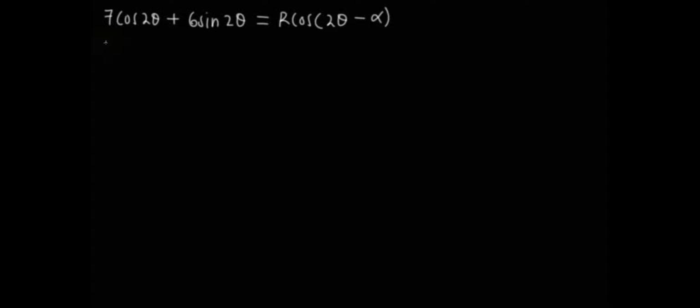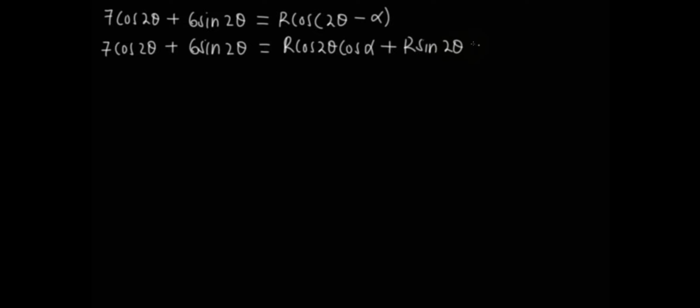And this is equal to 7 cos 2θ plus 6 sin 2θ, everything equal to r cos 2θ cos α plus r sin 2θ sin α.